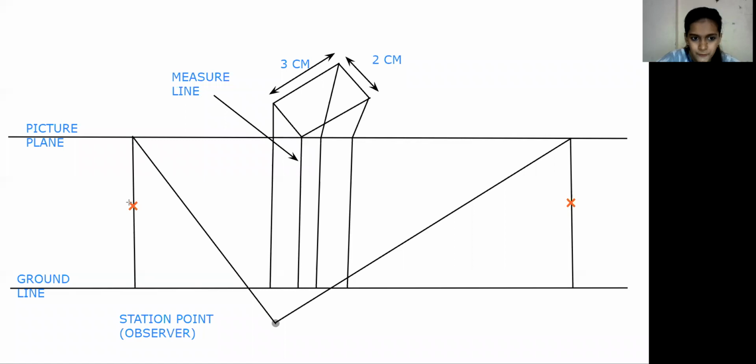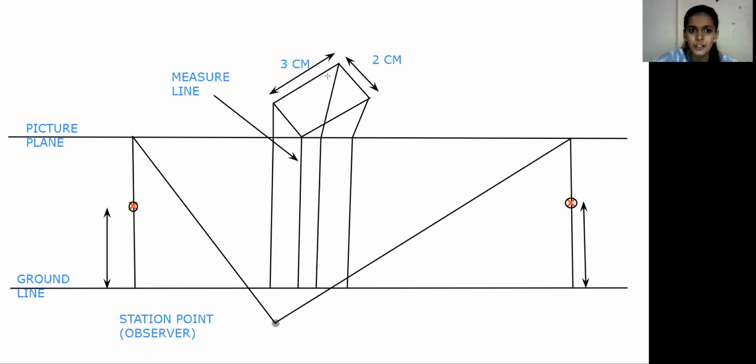Draw circles on the vanishing points. Okay, so here are 2 vanishing points. How have we taken the vanishing points? I'm repeating again. We have taken the height of the observer from the ground, on both sides of these vertical lines.